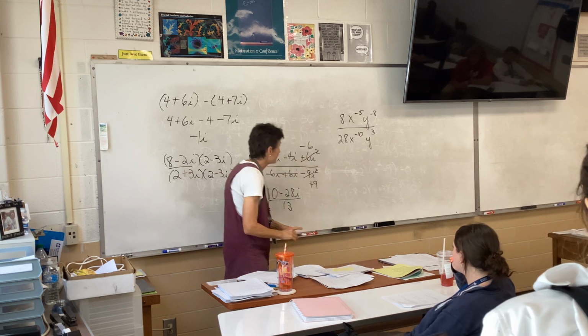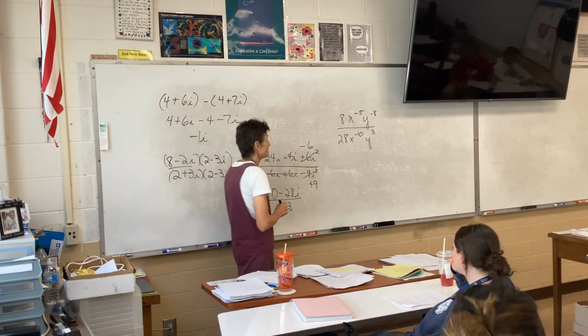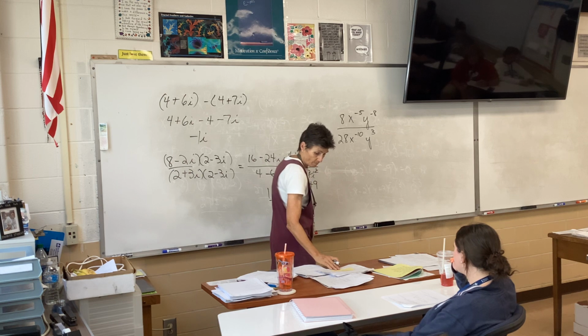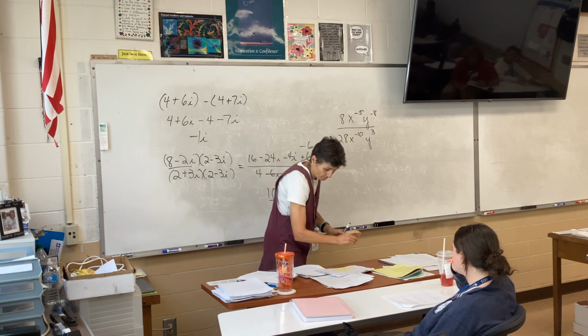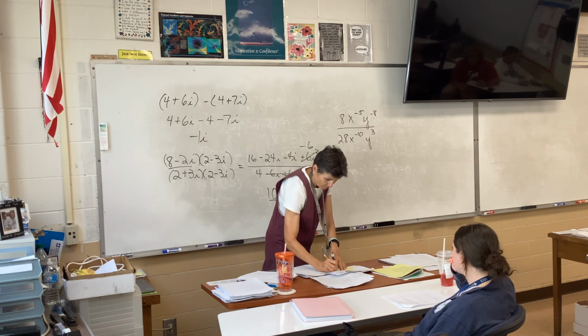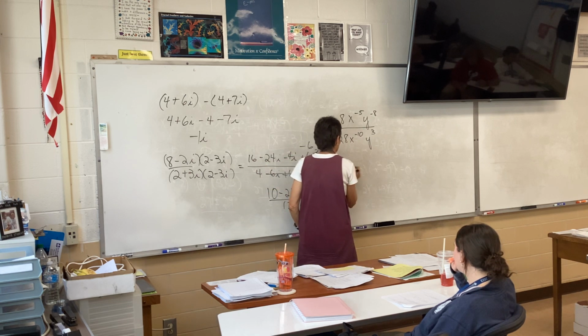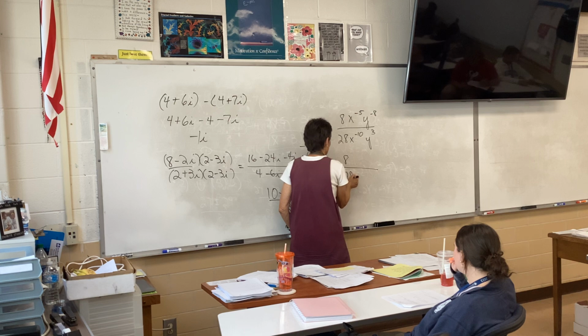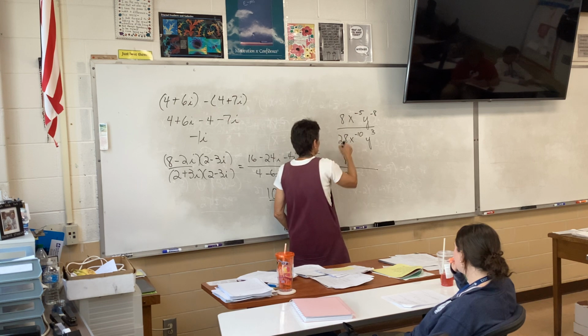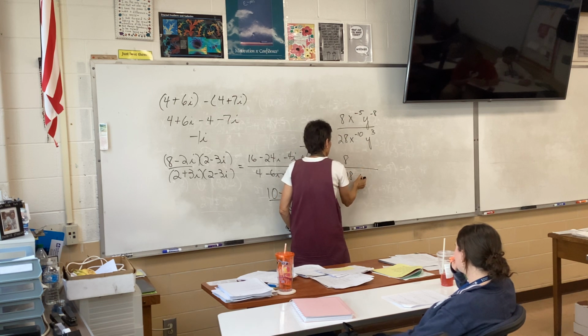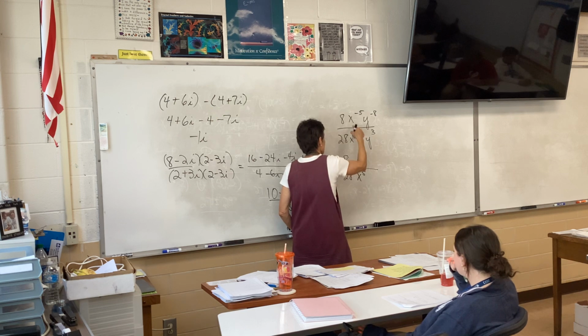So I would definitely move those things. Let's see what happens when I do that. I'm just gonna rewrite it. So, there's my 8 and 28. Okay, this is gonna come down, and this is gonna come up.